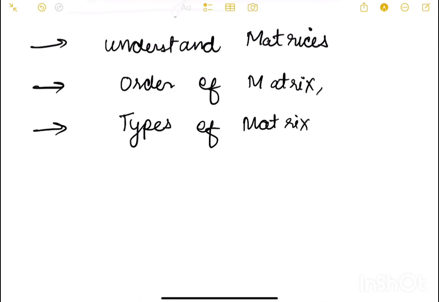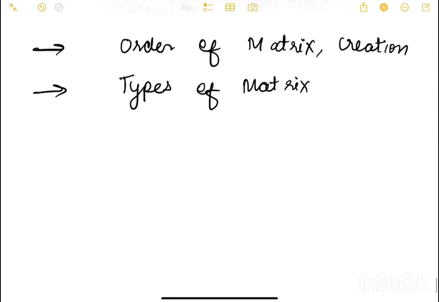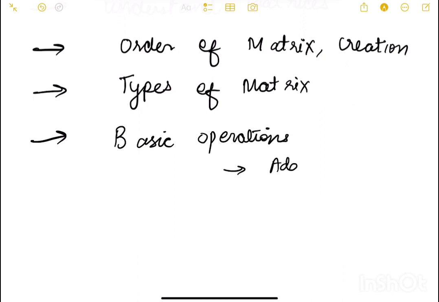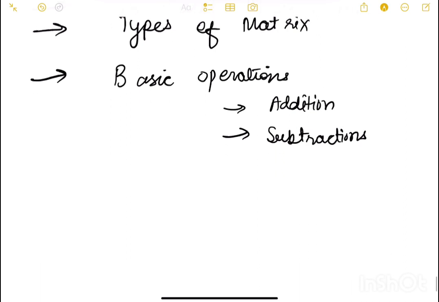I will add here creation, we also created a matrix. The types of matrices and the basic operations associated with matrices, let it be addition, subtraction, and scalar multiplication.